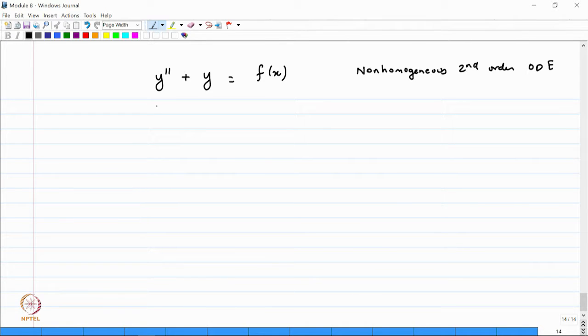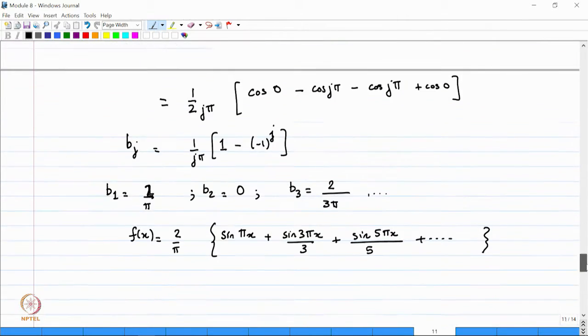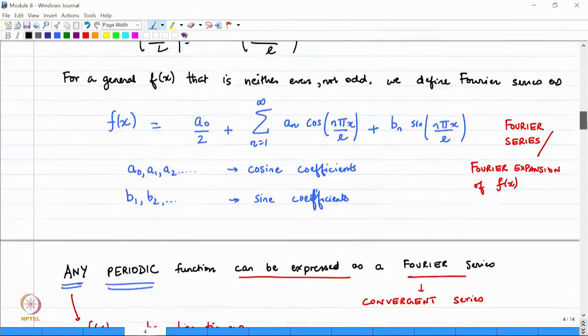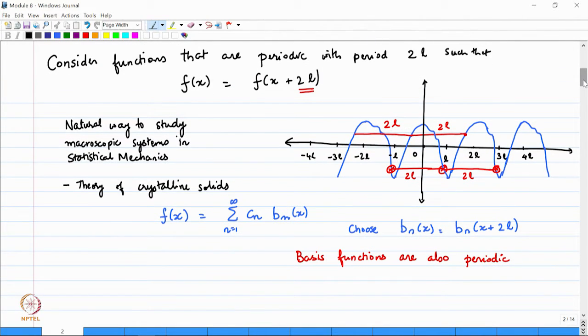Let us say you choose your interval as x equal to 0 to L. I didn't mention this explicitly, but basically we saw when we were discussing periodic functions, if you go back all the way to the last lecture, that we chose our interval as minus L to L, but you can choose from 0 to 2L, you can choose different intervals.